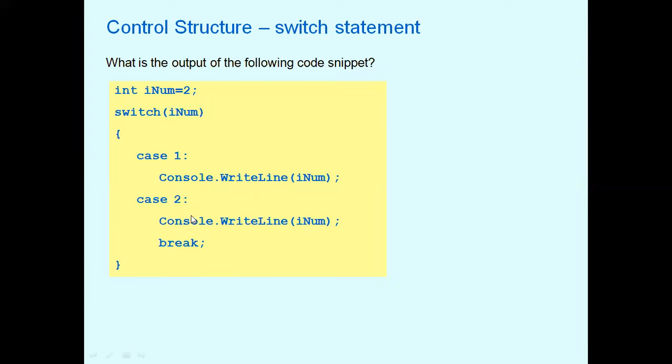So don't continue because it is a control structure. One-time matching, it will execute, it will terminate from here. So for number 2, it will come directly to 2 only. So now every case will end with break. The last statement should be break so that it will terminate from here.